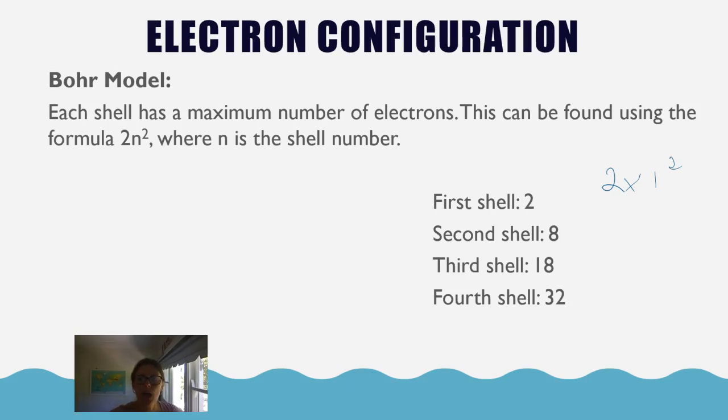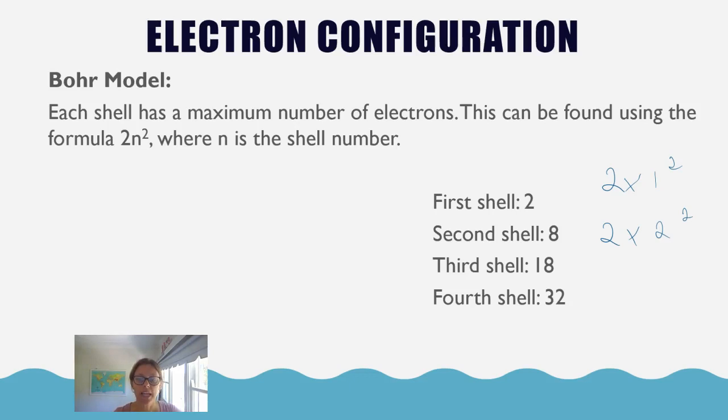Again, 2 times 2 squared, 2 squared is 4, 4 2s are 8. And so on. So we can see the third shell, where n is 3, we will get 18, fourth shell 32, fifth shell is 50, and so on. So let's have a look.